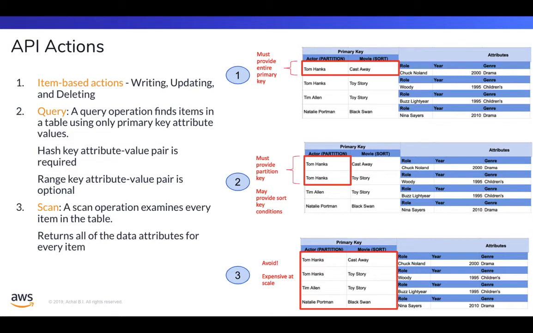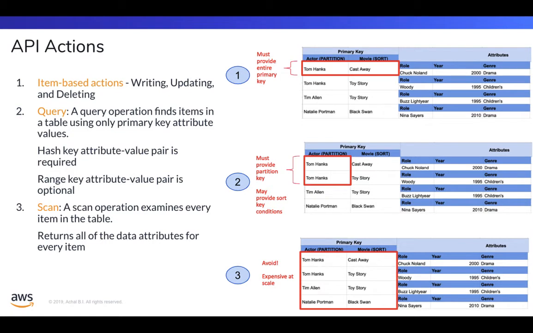Those are not recommended because your whole table has to be scanned, and those operations are expensive. It would be okay when you have limited data. When the data grows, your scan operation becomes very expensive, and it is recommended not to use scans. We have a different approach to solve these problems.